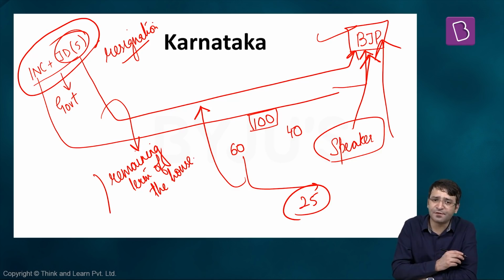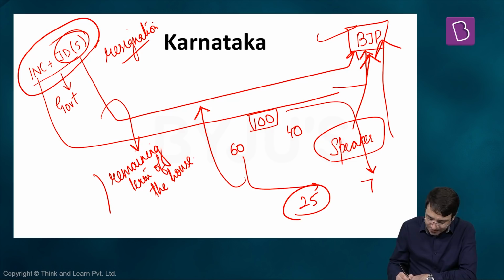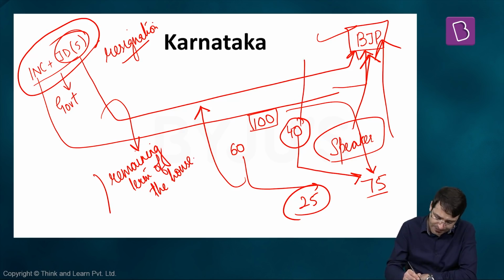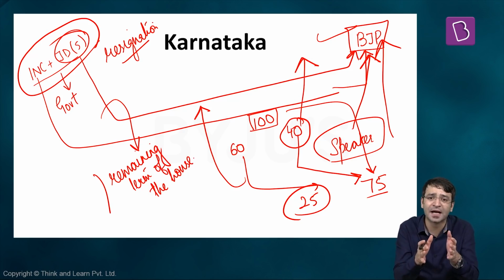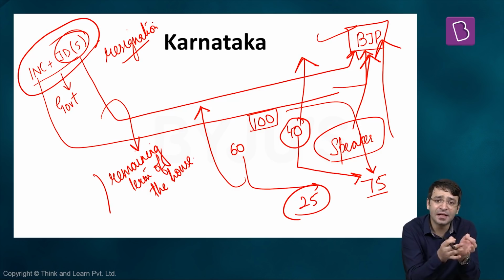If these 25 MLAs voluntarily resign, the strength of the Legislative Assembly is only 75, which means 40 is more than half of 75. Party B is in a position to form the government. That means resignation is another loophole under the anti-defection law.